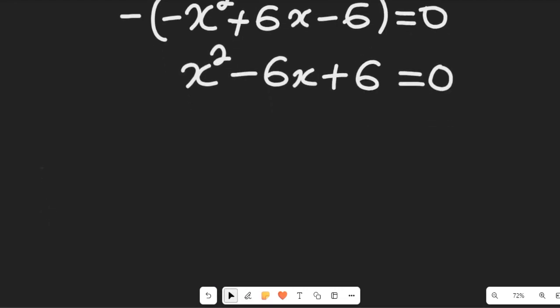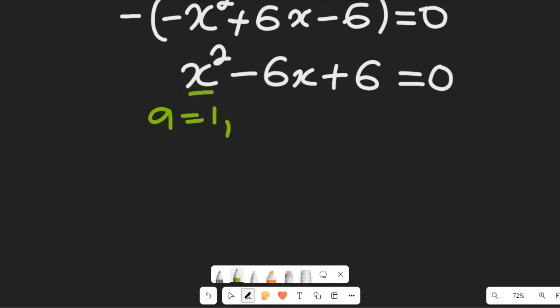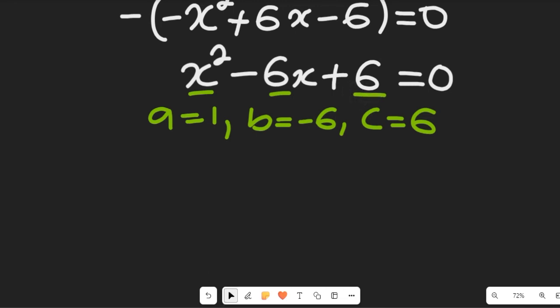So with this, we can solve using the quadratic formula. Now from the quadratic formula, a will be equal to 1, b will be equal to negative 6, and our c will be equal to 6. So we are going to apply the quadratic formula.